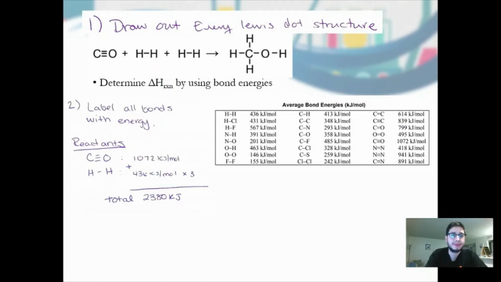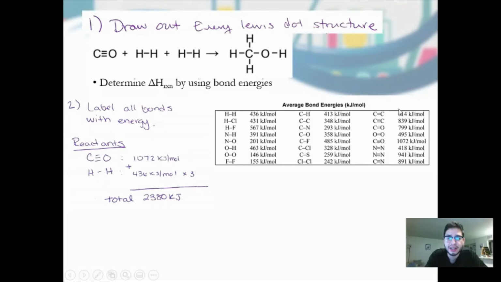Second step, I need you to label all of the bonds with energies. I just want to focus on my reactants first. On my reactant side, I have this CO bond, but this is a triple bond. I'm going to determine the bond energy of the CO triple bond.